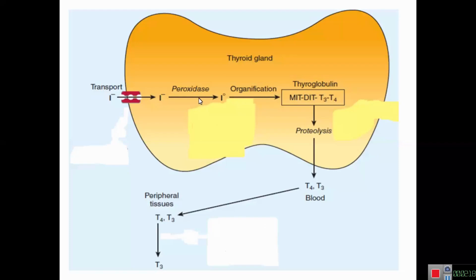These reactions are carried out by the enzyme called thyroid peroxidase. Once the coupling reactions take place, T3 and T4 hormones get synthesized and stored in the follicular cells.